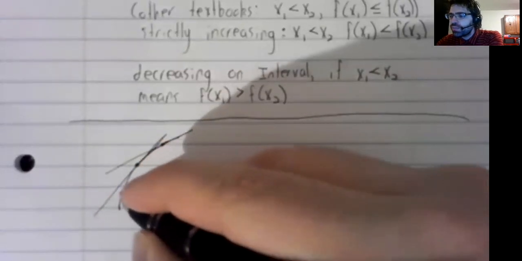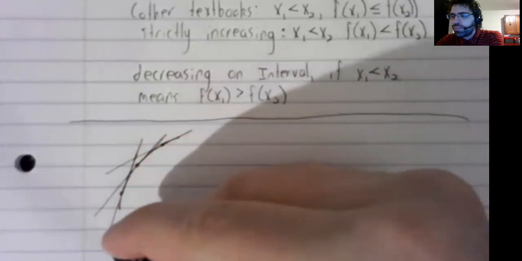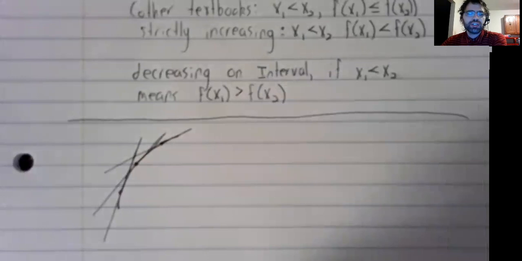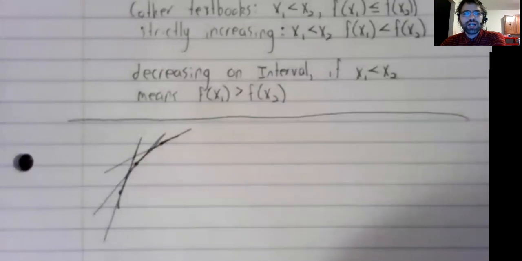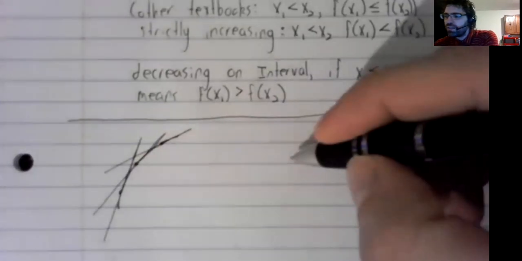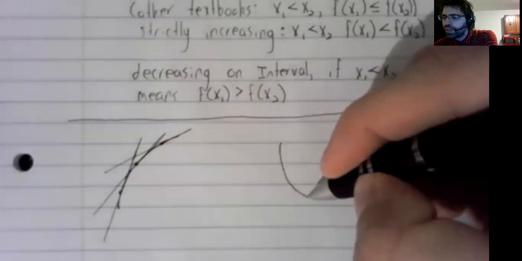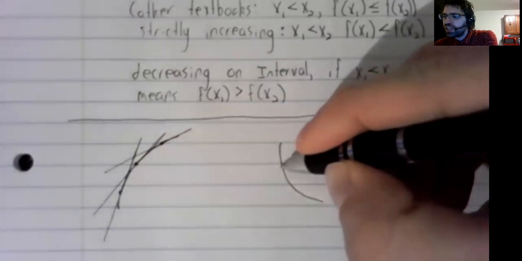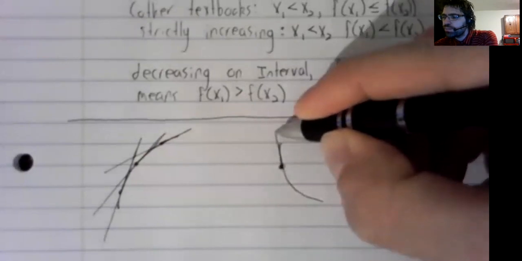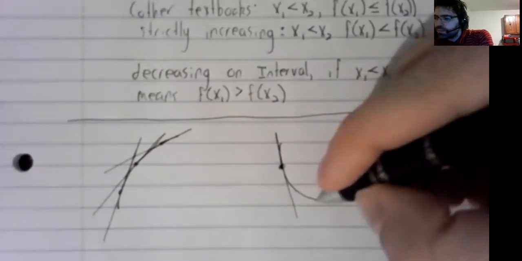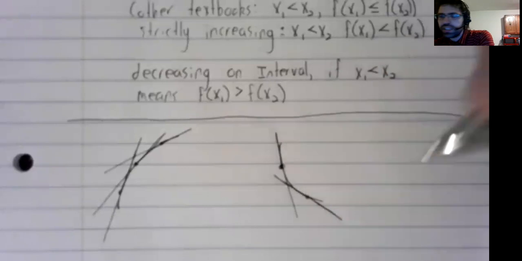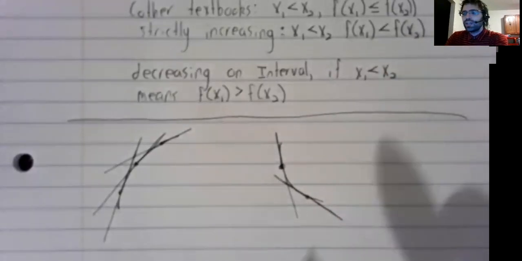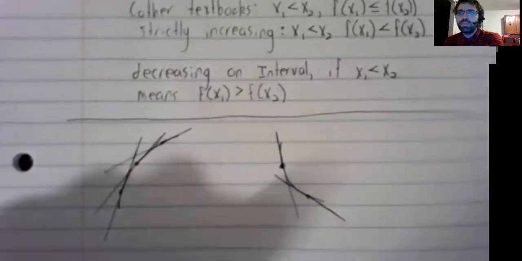And here are some tangent lines. And note that these tangent lines all have positive slope. Here's a decreasing function. Here are some tangent lines. These tangent lines both have negative slope.